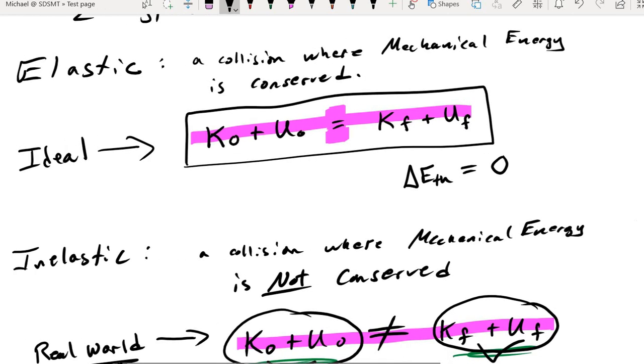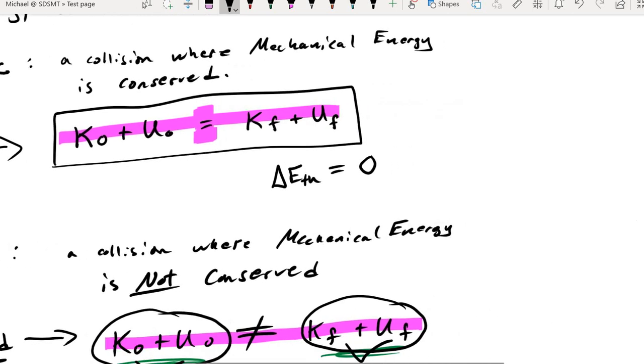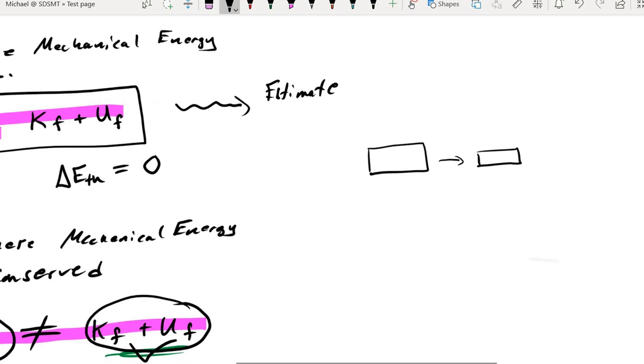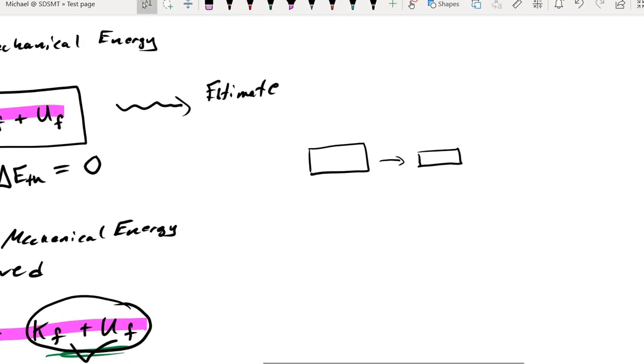So again, I would ask, what good is it? Well, maybe we could use it as a form of estimation. If there's going to be a situation where we have one object that interacts with another object, what if this collision between the two is a very gentle collision?